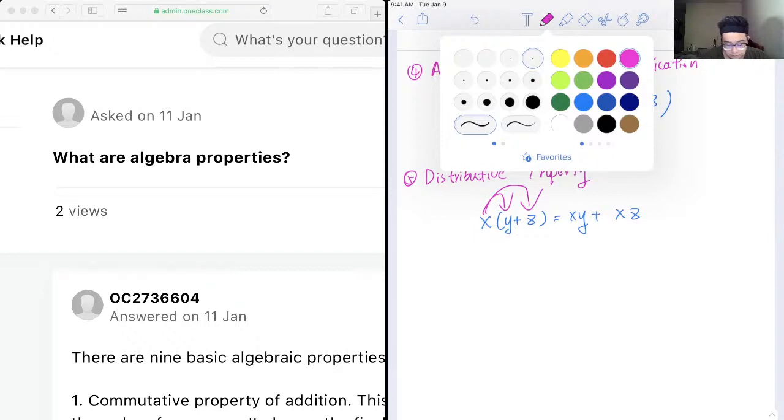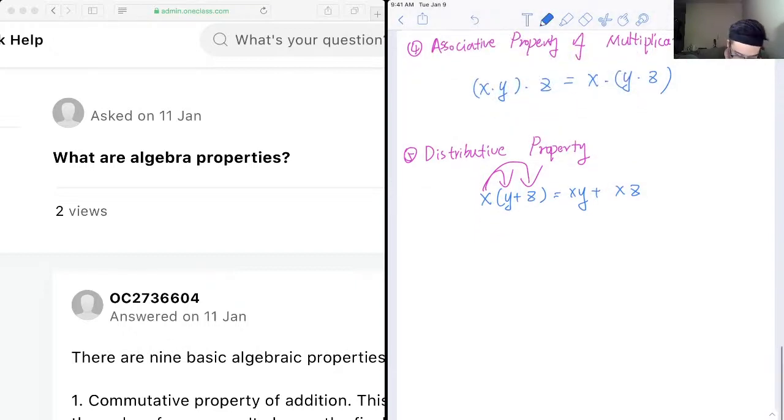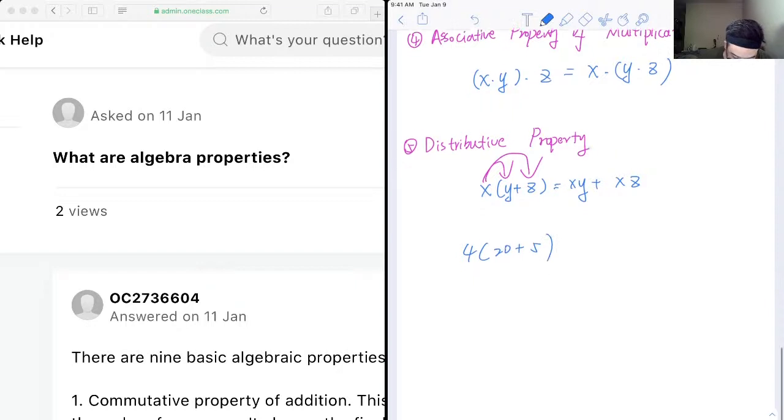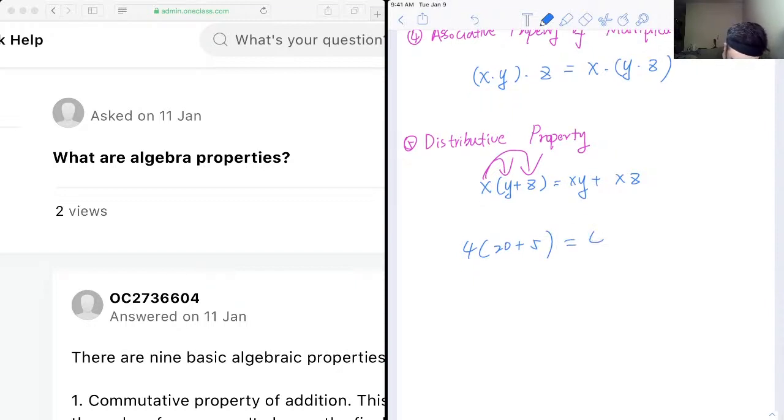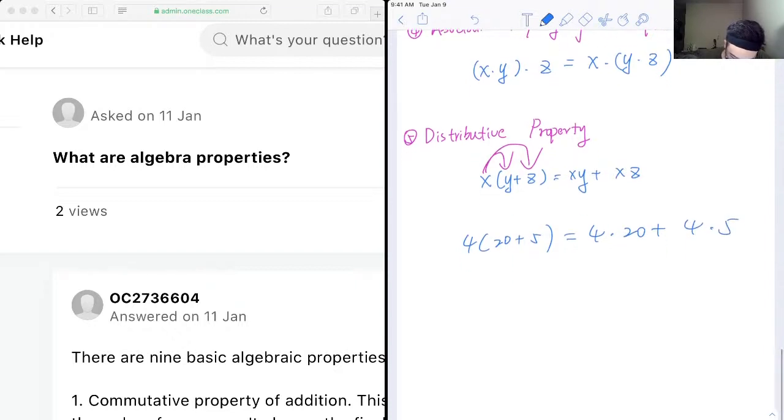An example could be, let's do 4 times 20 plus 5, okay? So this would also be equal to 4 times 20 plus 4 times 5, which is equal to 80 plus 20, which is equal to 100.